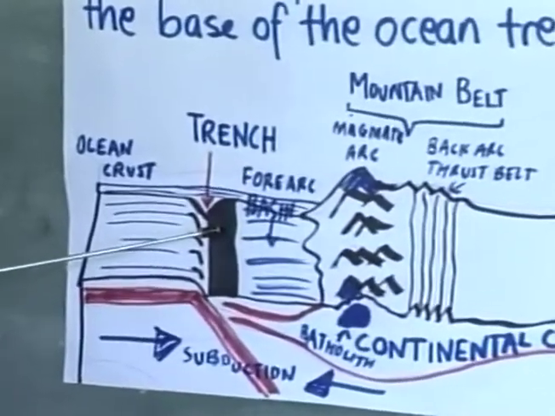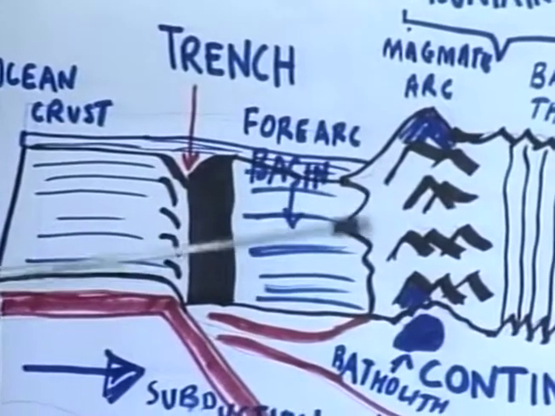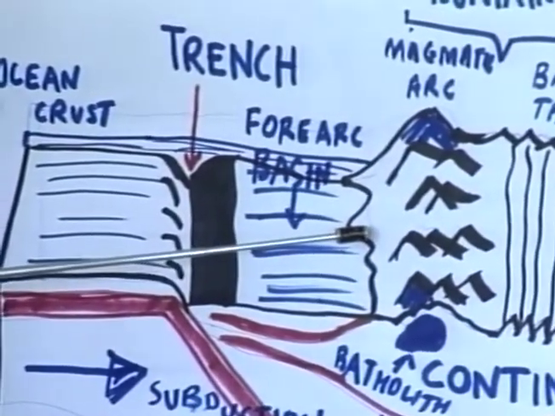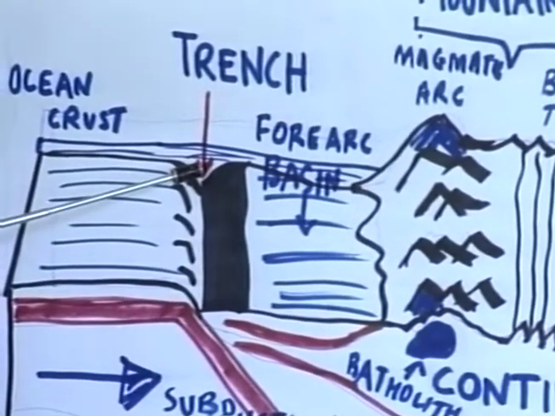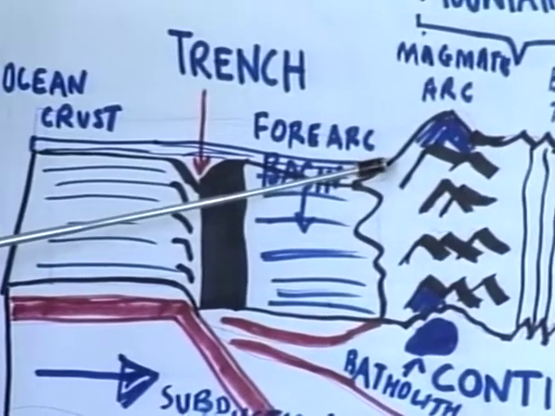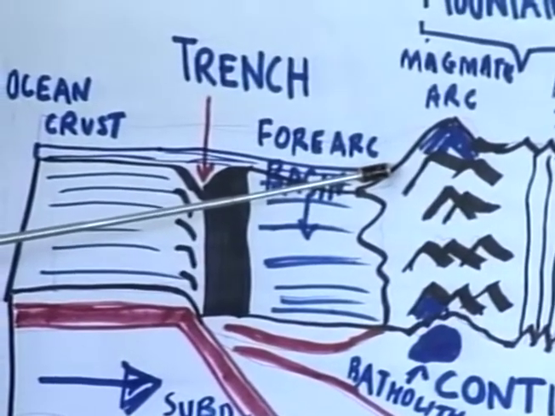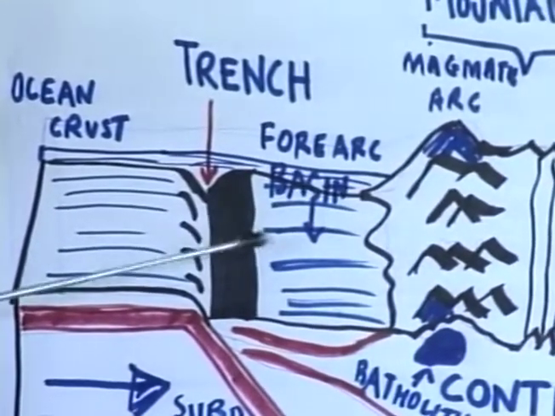And forearc basin, this is the basin here before you come to the continental land. They form an active continental margin between the trench and the continent. You can also refer to the diagram from your worksheet or handout to note the area we are talking about.